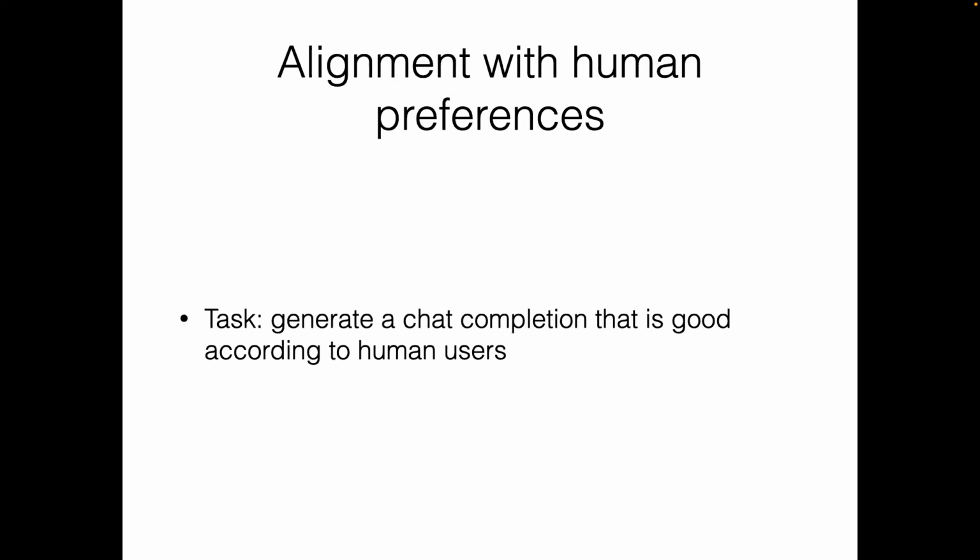It could be a math problem, but it also could be an essay, or advice about life, or basically anything that you could input to the chatbot. That actually seems pretty difficult. The question is, what does good even mean, and how would you formulate this as a machine learning task?